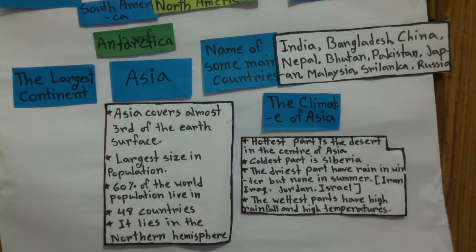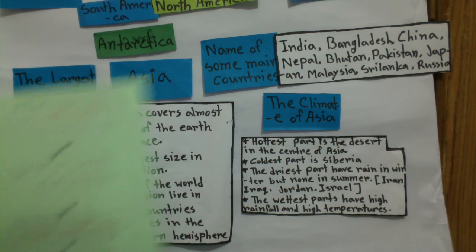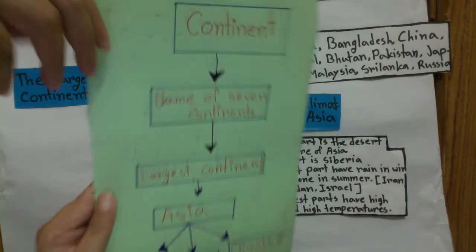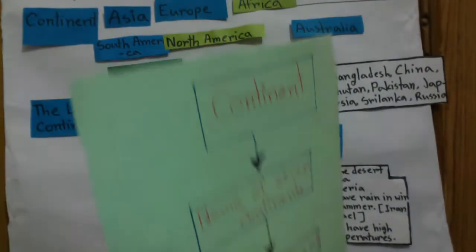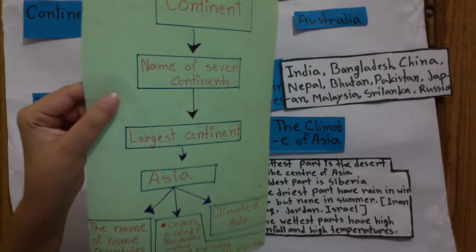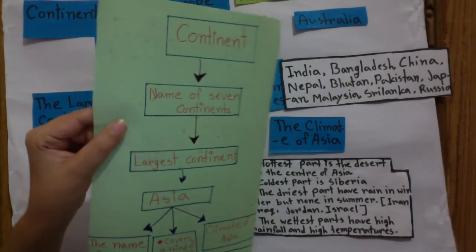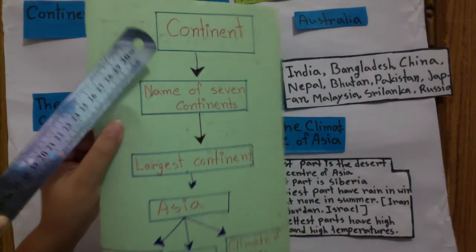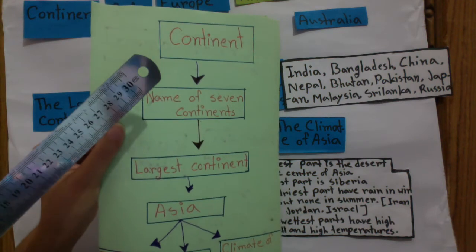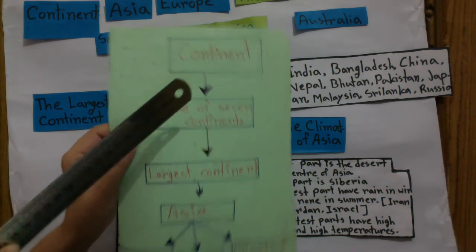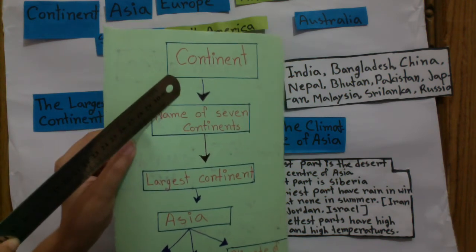After finishing this, I will summarize the whole topic. Look through the flowchart. Can you see the flowchart, students? Okay. First, continent. What is called continent? A continent is a very large area of land that consists of several countries.